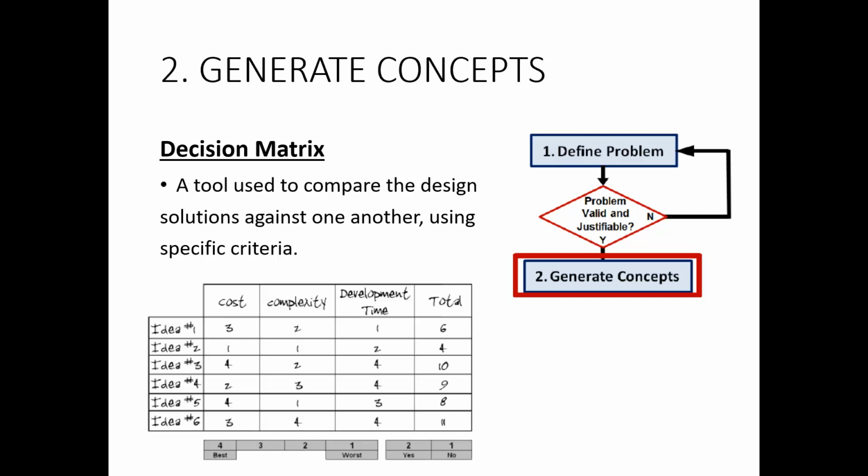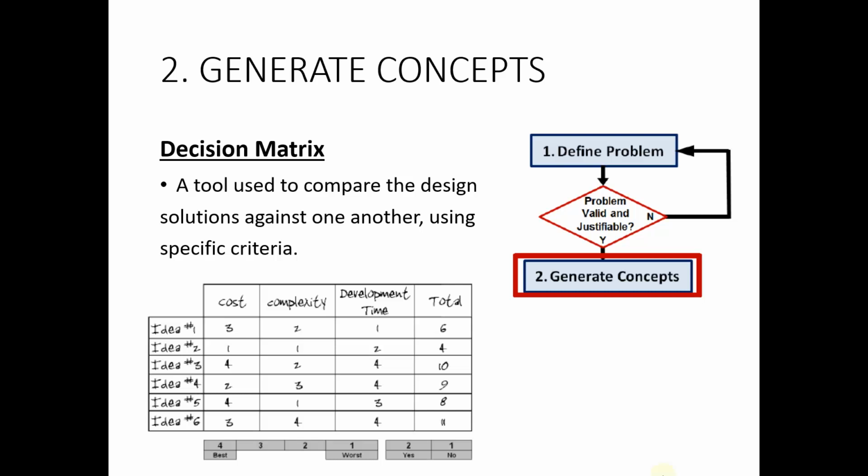And the design or decision matrix is actually a tool which is used to compare the different ideas or the different design solutions with one another depending on the criteria on which they are compared.